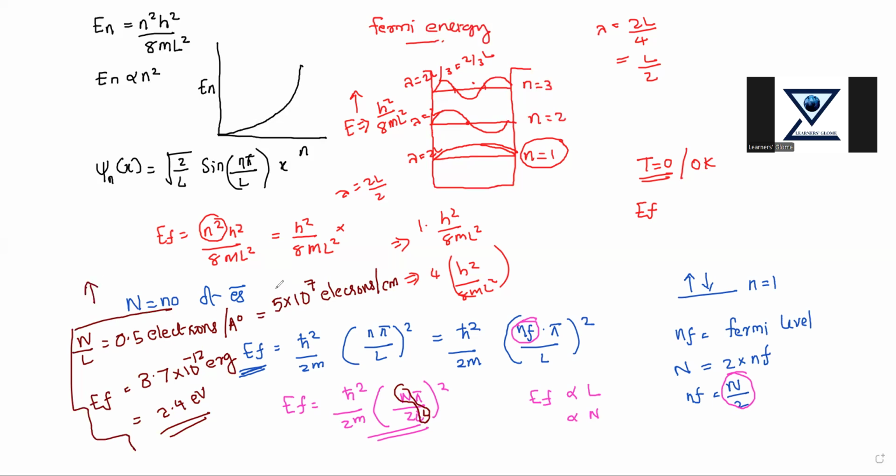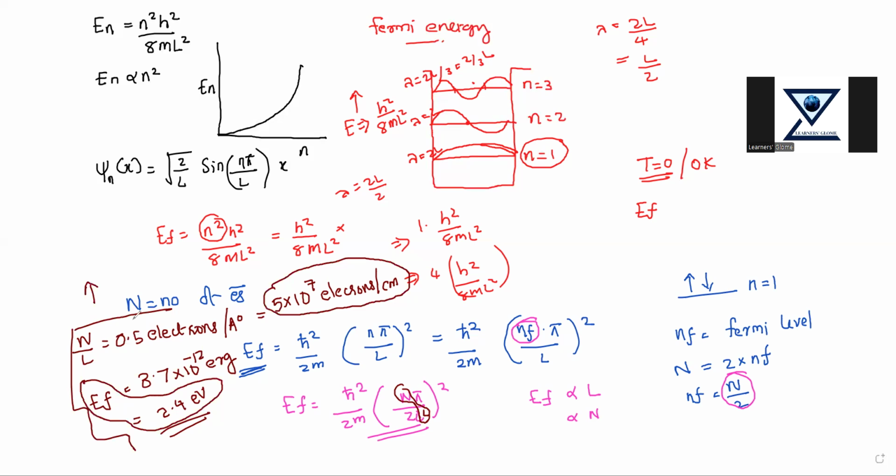That means we can accommodate 5 into 10 raised to 7 electrons per centimeter with Fermi energy, or the topmost level energy, of 2.4 electron volt. This is the case of the Fermi level and the expression for the Fermi energy.